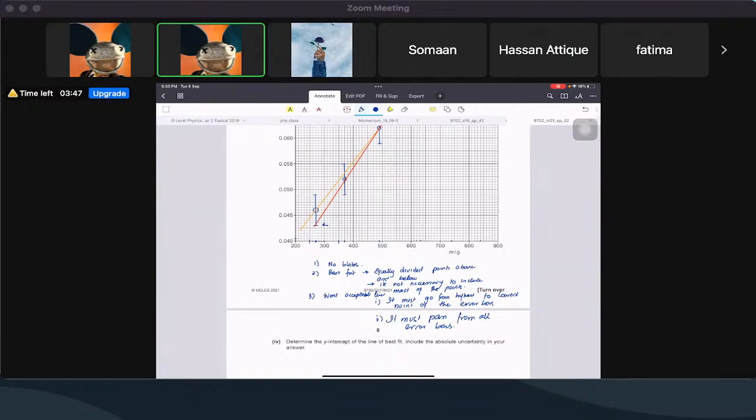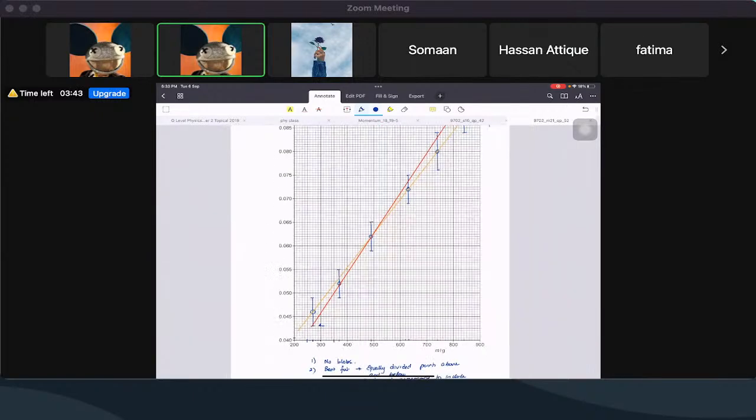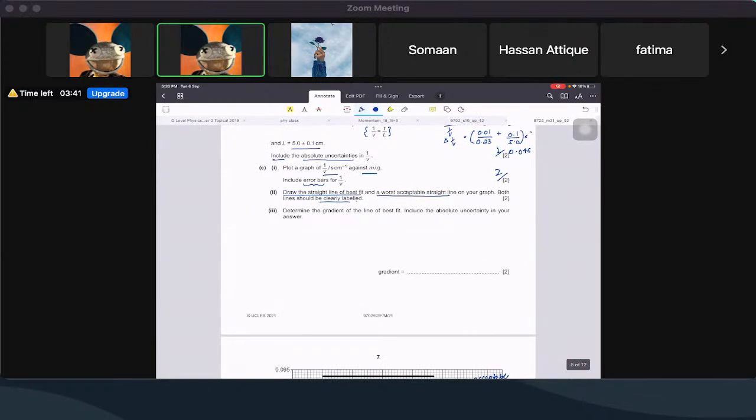Right. Now that we have done this, we're going to go forward, and it says in the third part, determine the gradient of best fit line and include the absolute uncertainty.